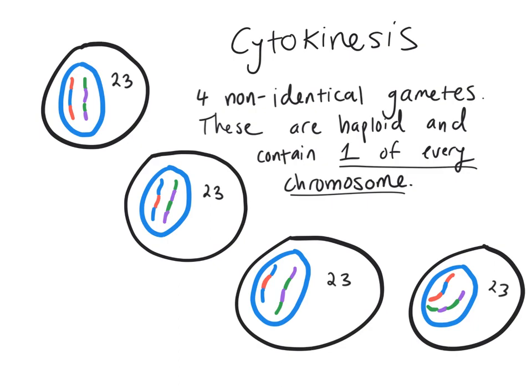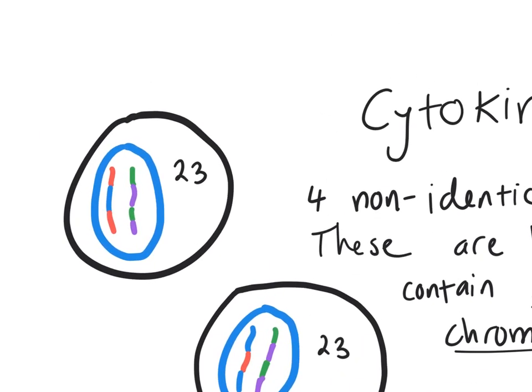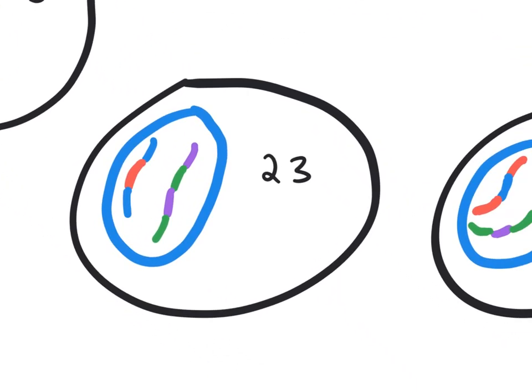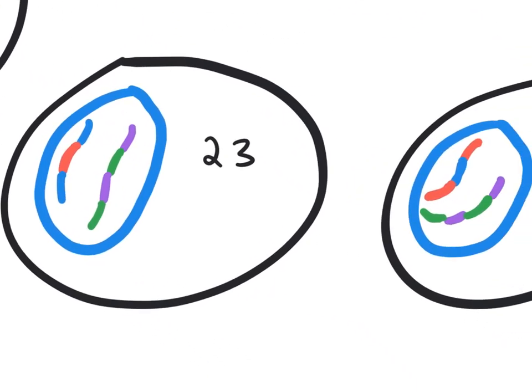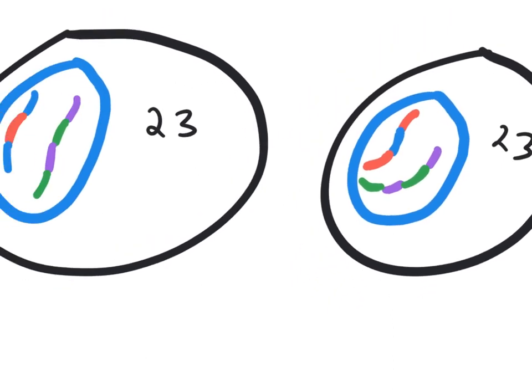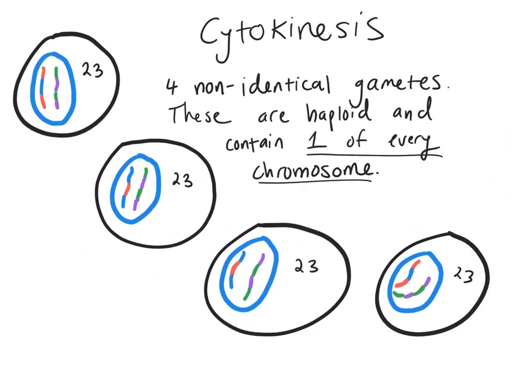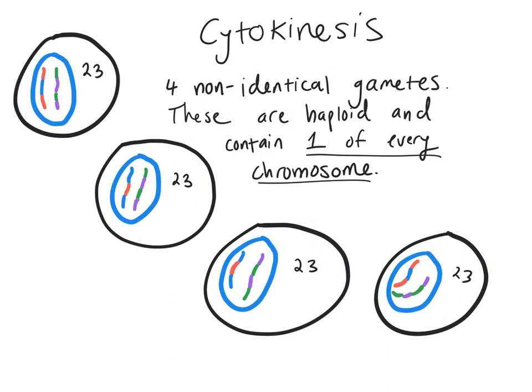And if you look closely, none of these particular egg or sperm, whatever you want it to be, is the exact same in terms of how the genes actually got distributed. So none of these are going to be identical, which is why I wrote 4 non-identical gametes.